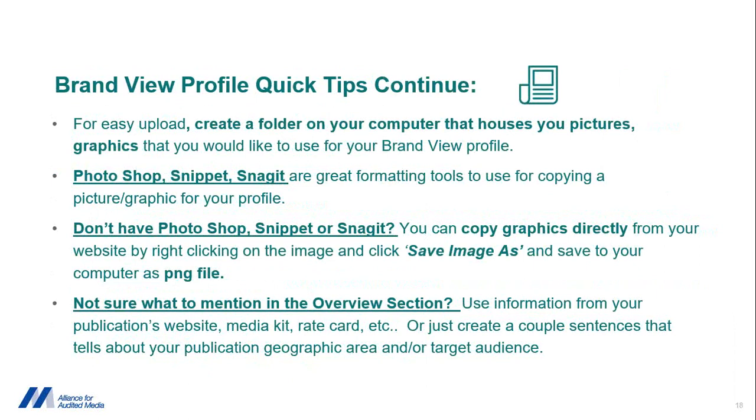But if you don't have that, don't worry about it. You can still copy a graphic from your website, and I'll show you how. All you have to do is right click and save the image as either a PNG or a JPEG file. And again, if you're not sure what to mention in your overview section, just use the information you have on your website. Use the information that's already in your rate card, your media kit. Again, you don't have to recreate the wheel for this.